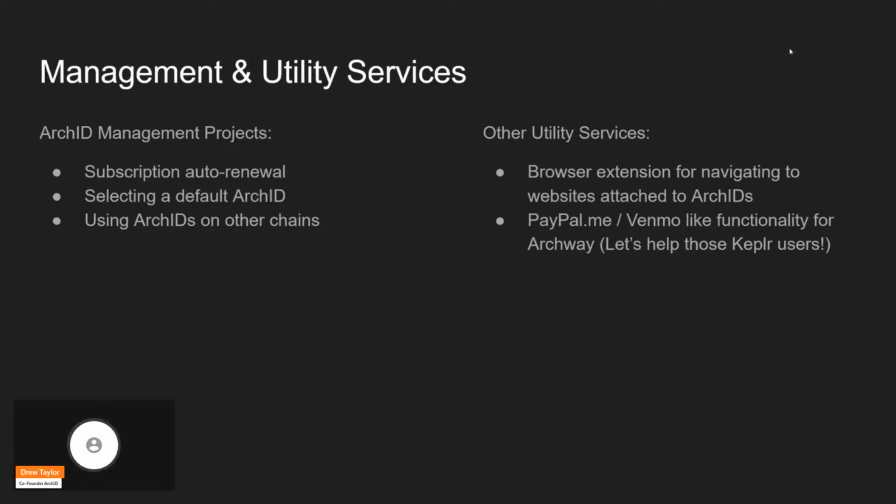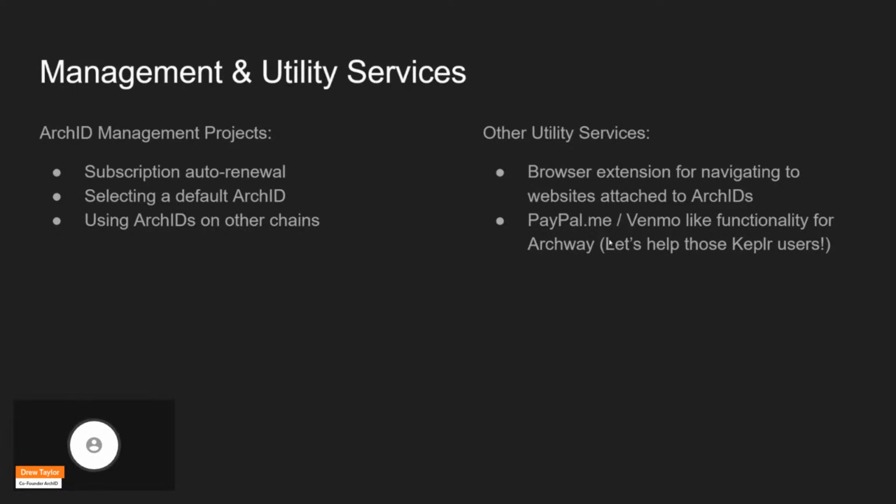And to be honest, of all the ones on the board here that we're seeing, both on the left pane and the right pane, I really do think that this last one that we're talking about, a PayPal.me or a Venmo style DApp, is probably the easiest to build. And it's probably a super huge win.